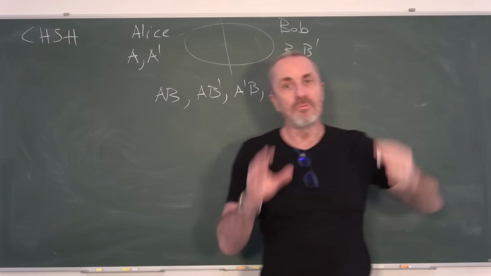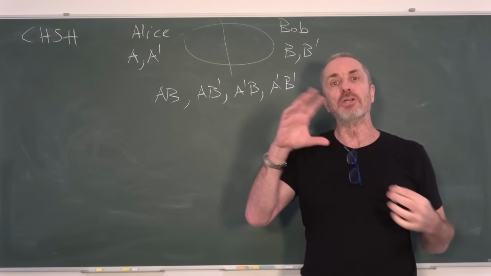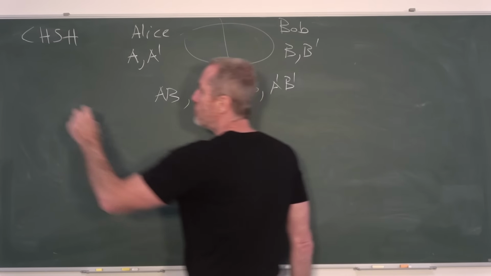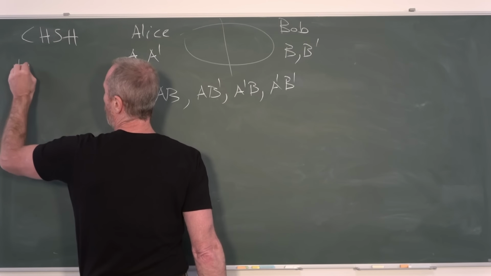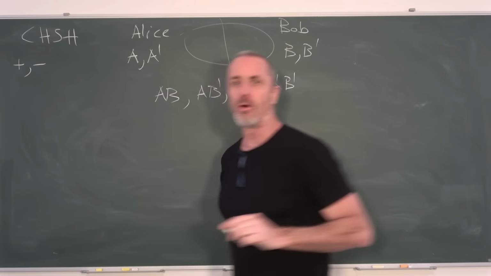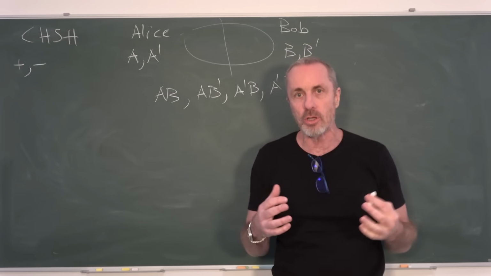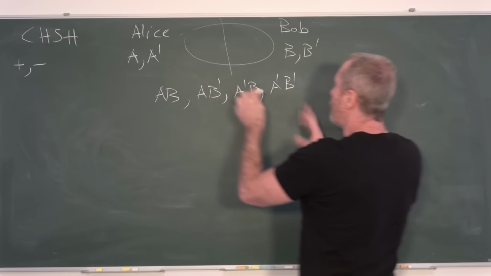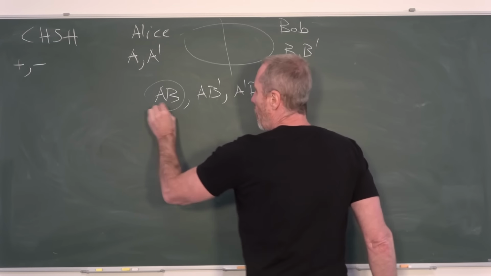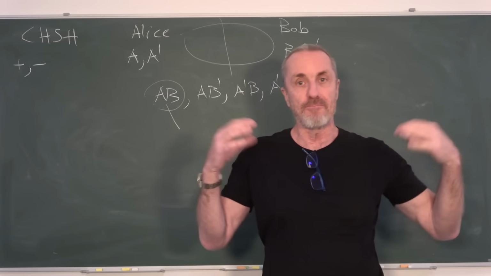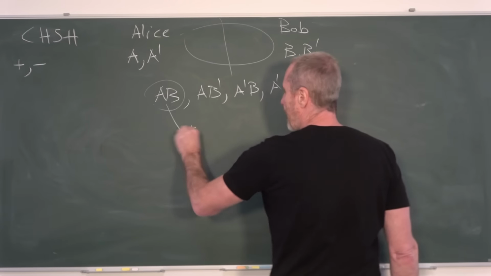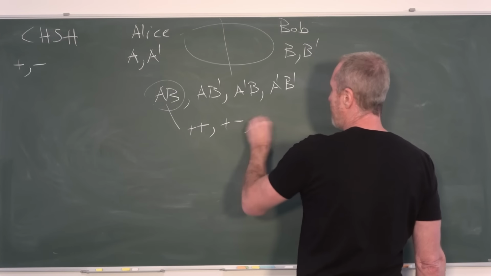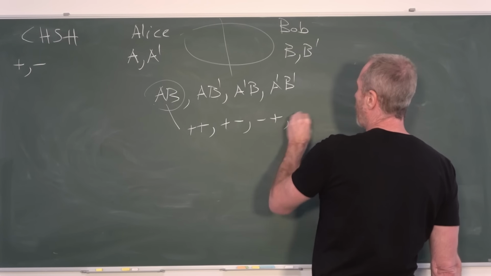Now let us assume that Alice and Bob denote the outcomes of their measurement by using the sign plus or minus. So they can have either a plus outcome or a minus outcome. This means that each one of these four experiments will have four different possible outcomes. They can have the outcomes plus plus, plus minus, minus plus, or minus minus.